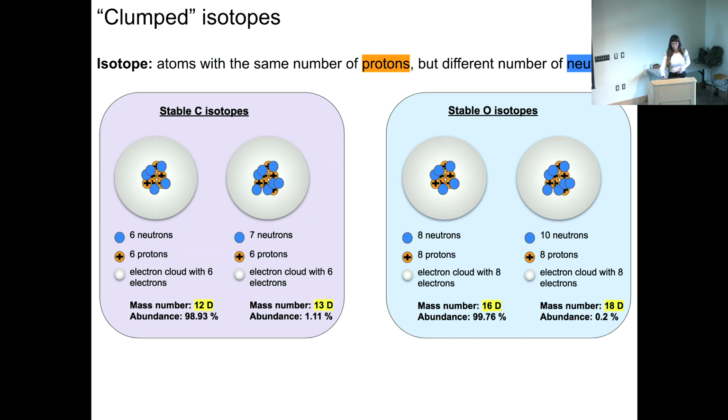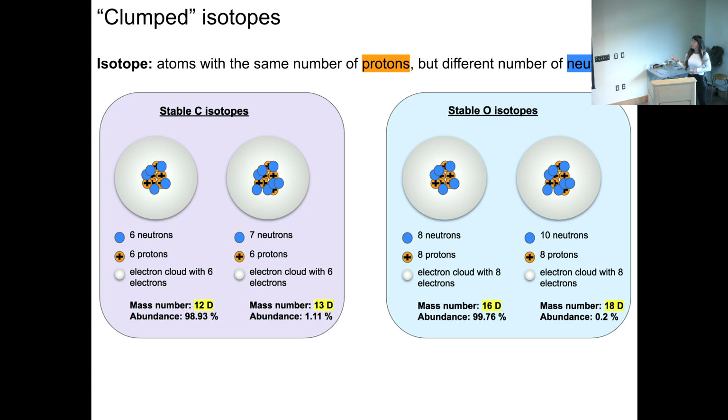And that brings me to the specific method that I use, which is called clumped isotopes. What an isotope is: they are atoms with the same number of protons in the nucleus, but different numbers of neutrons. What that ends up meaning is that you can have atoms of the same element, but they weigh slightly different amounts due to these differences in their nucleus.